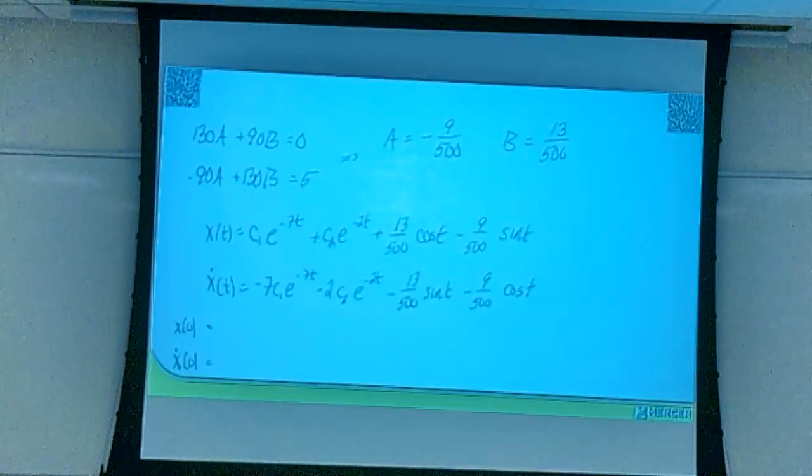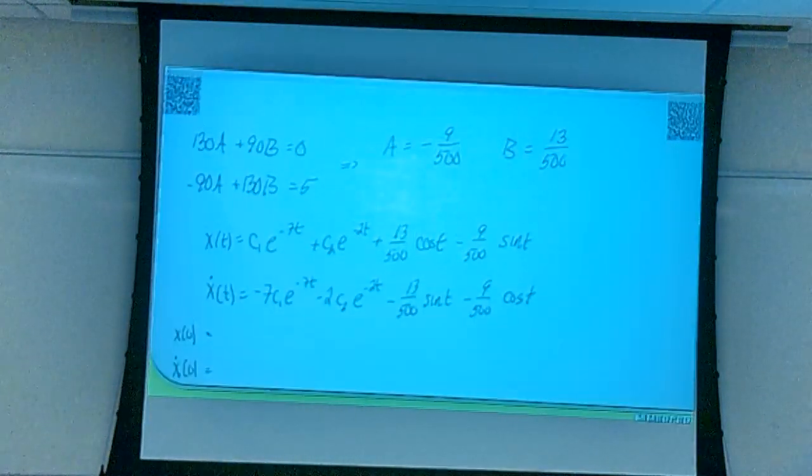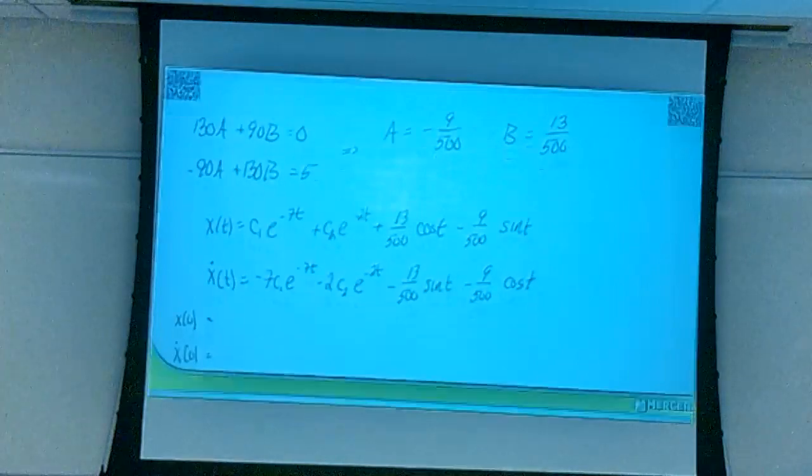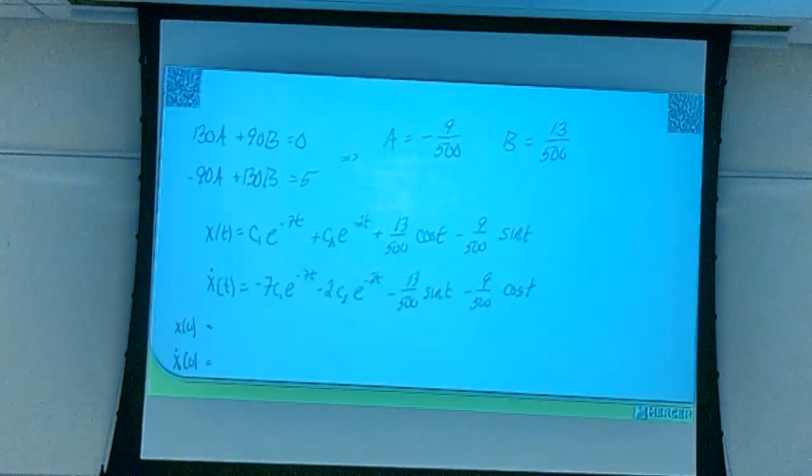X of 0. What's cosine of 0? 1. Sine of 0 is 0.